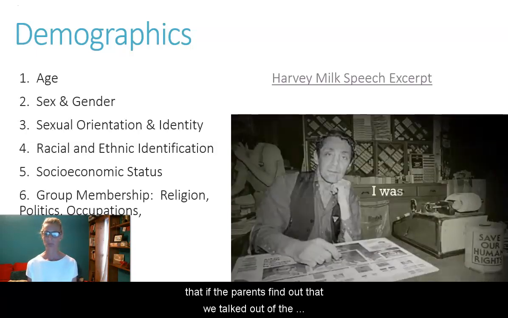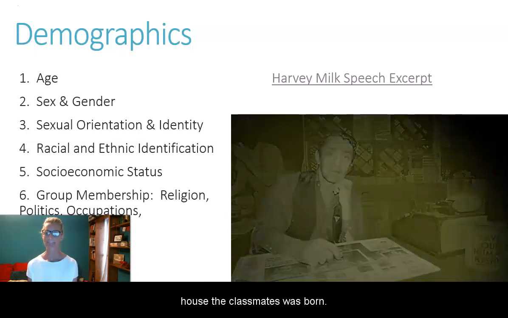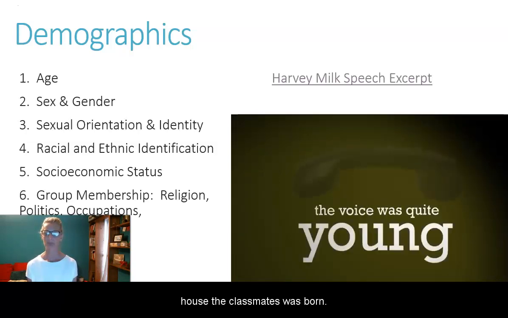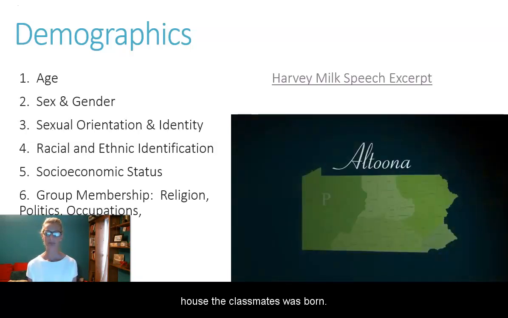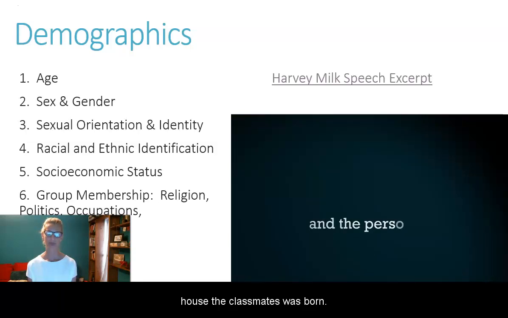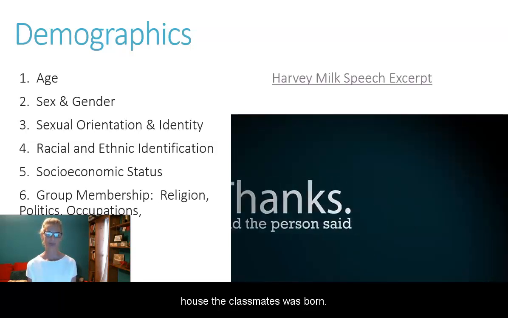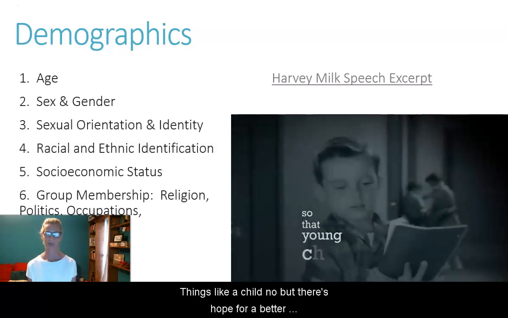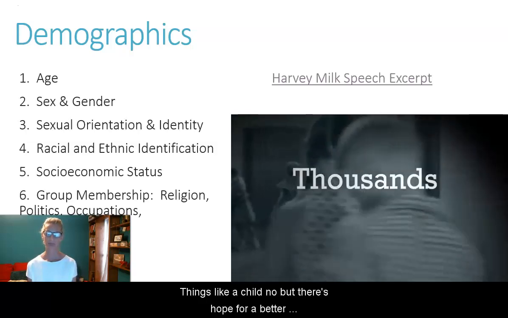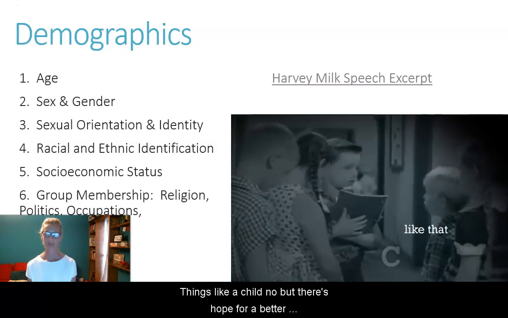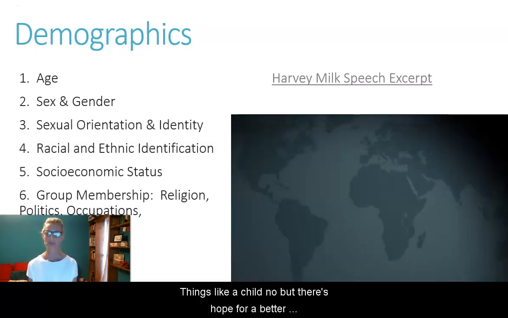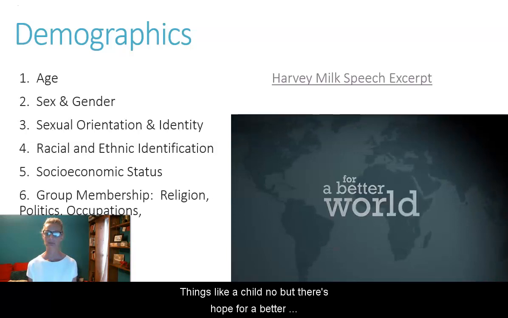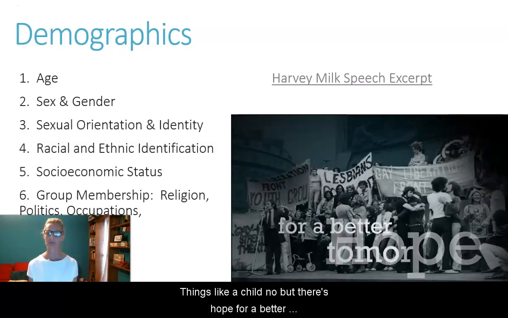Two days after I was elected, I got a phone call, and the voice was quite young. It was from Altoona, Pennsylvania, and the person said, "Thanks." And you've got to elect gay people so that that young child and the thousands upon thousands like that child know that there's hope for a better world. There's hope for a better tomorrow.